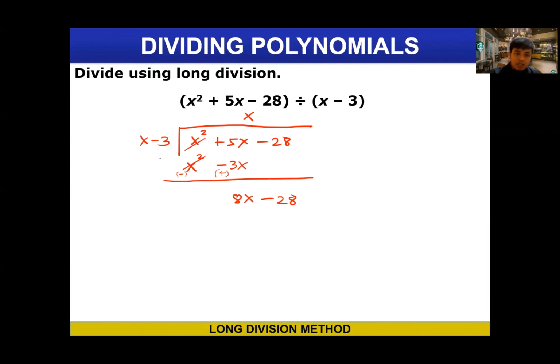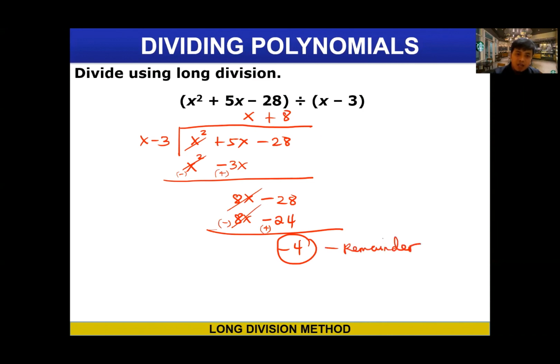And then we divide. 8x divided by x is 8, positive, so plus 8. 8 times x becomes 8x. 8 times negative 3 becomes negative 24. Now, we can cancel this one again. This becomes negative. This becomes positive. Cancel. Adding this becomes negative 28 plus positive 24 is negative 4. Therefore, this is now our remainder.